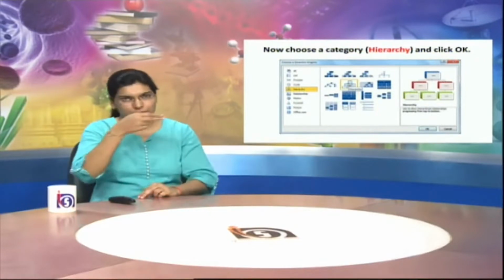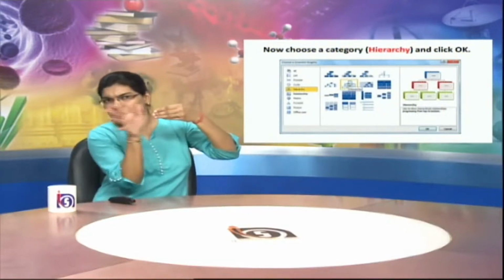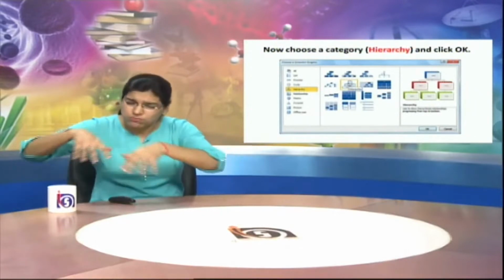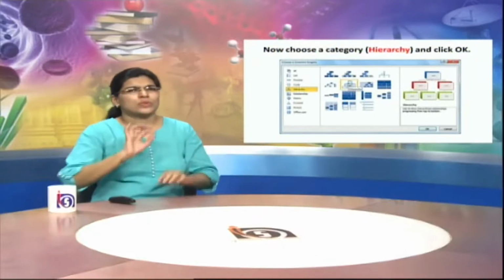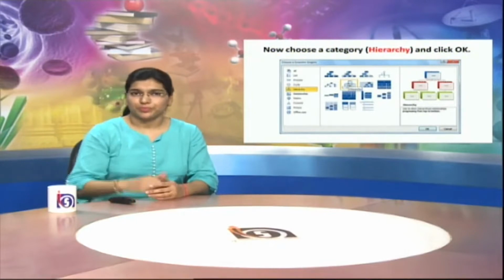In this we show different generations in different levels. It can be shown either way, horizontally, vertically, or you can add more sub balloons or subtitles below that. So accordingly you can choose from these pictures.